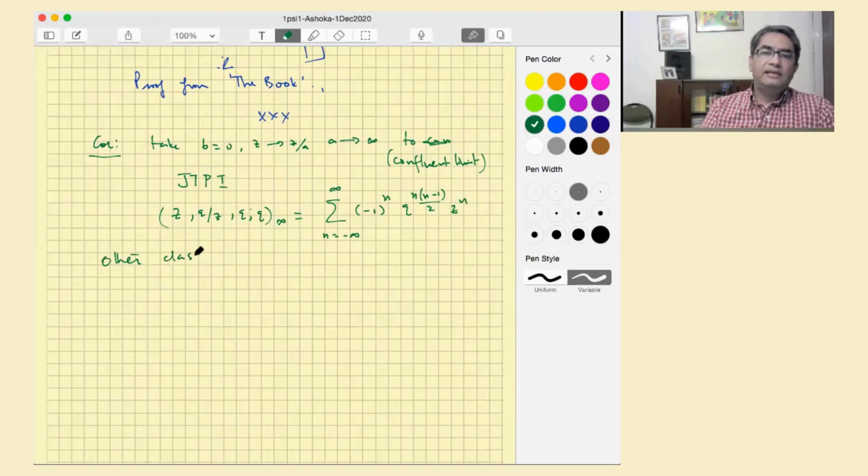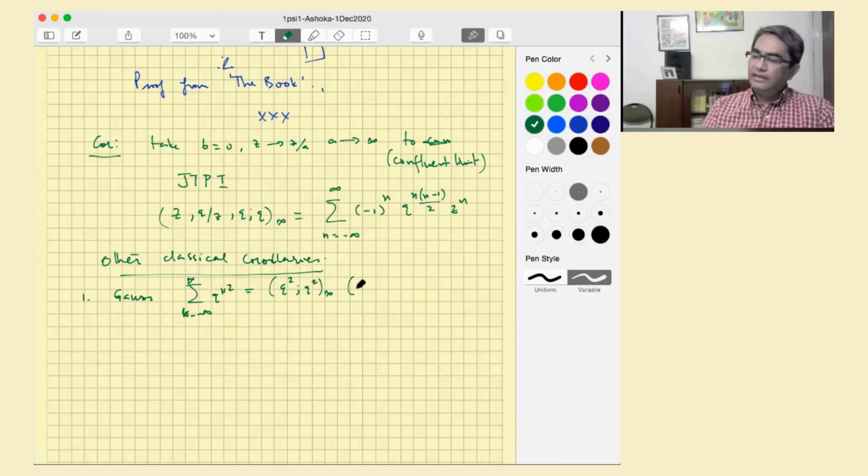Other classical corollaries which follow from Jacobi's work. Number one is due to Gauss, and this is the sum over k, with k going from minus infinity to infinity. It's q square infinity, and minus q square infinity square.